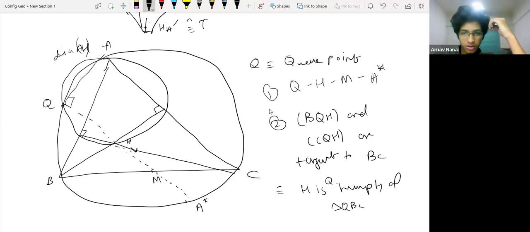Try to use the first property, it trivializes the proof. I mean, angle chasing works also. That's no problem.